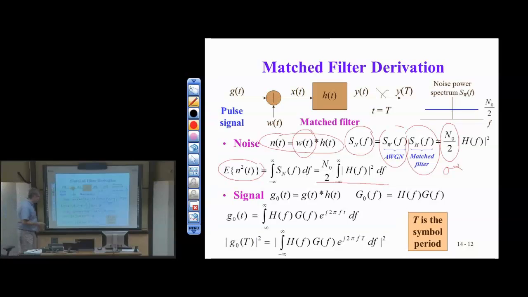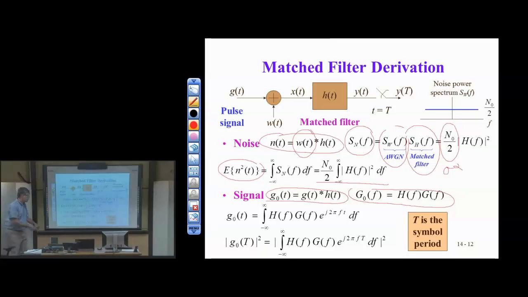On the signal side, on the pulse that gets through the match filter and the sampling block, we have g naught, which is g of t, the pulse shape, convolved with the impulse response. Now we can use the more familiar Fourier transform property: convolution in the time domain is multiplication in the Fourier domain.